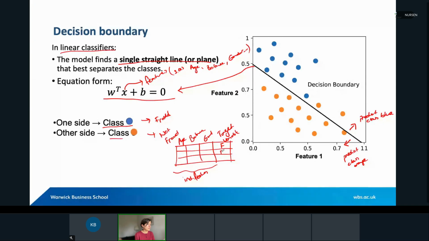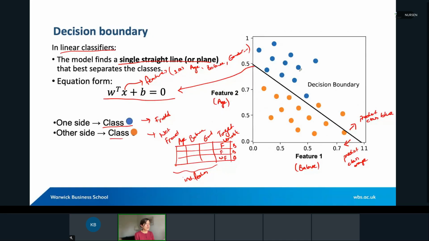Let's say this is fraud, this is not fraud. Let's say frauds are given by the blue dots. This is blue, blue, and this is orange. So how do we identify whether a future customer transaction will become a fraud? We will check whether it is on the right-hand side of the decision boundary, whether it lies on the left-hand side of the decision boundary. Let's say this feature 1 is balance, and feature 2 is age.